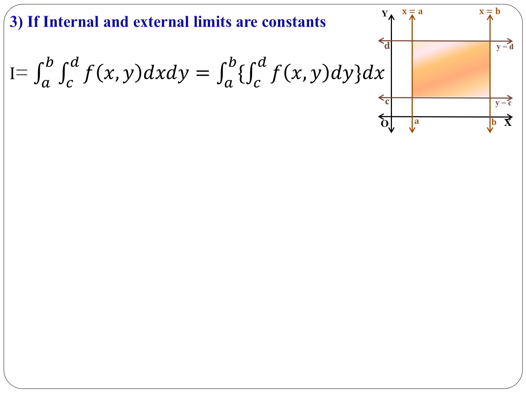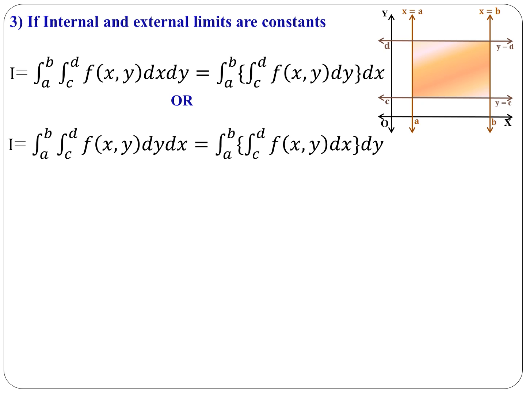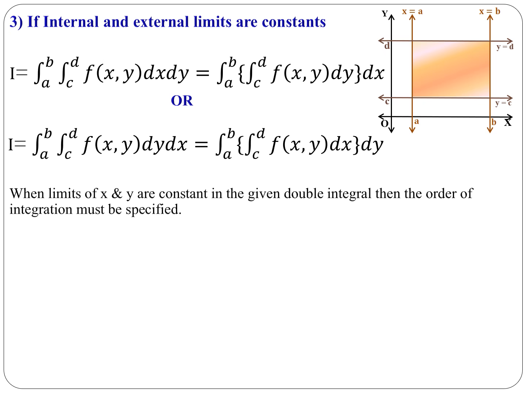Now maybe in place of dx dy you have been given dy dx. That means you have to first integrate with respect to x and then with respect to y, and while integrating with respect to x, you keep y as constant. So if both x and y limits are constant, the order of double integration should always be specified, and if it is not specified, then it is always from right to left.